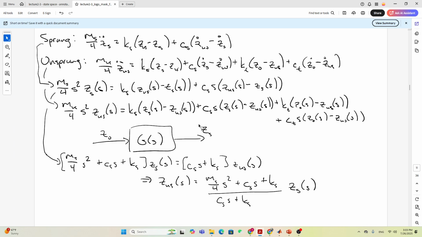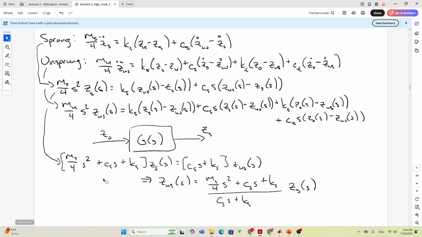From our transfer function perspective, our initial input is z0 from the road, and our final output is Z of s, which is the metric we use to evaluate the passenger comfortness, right?